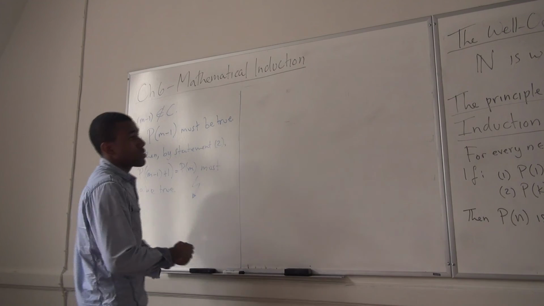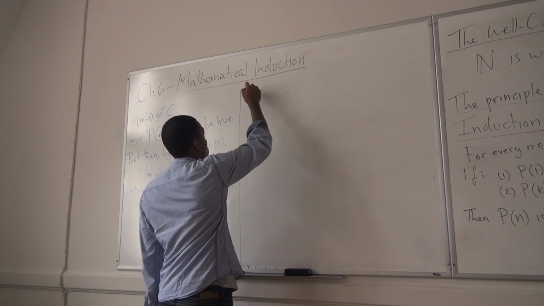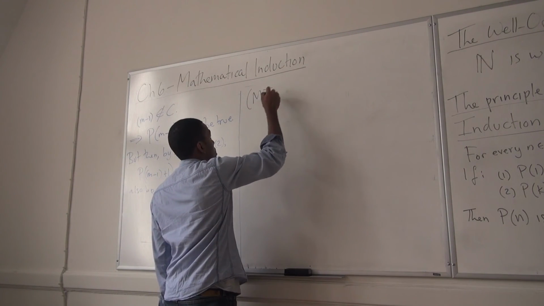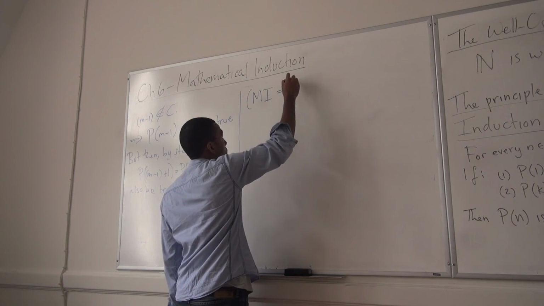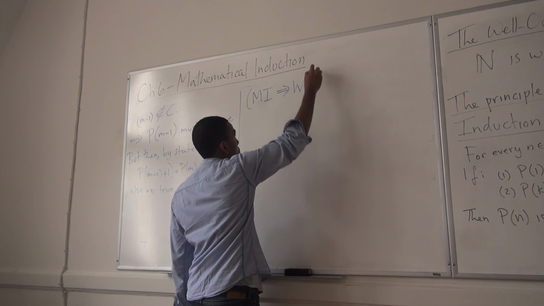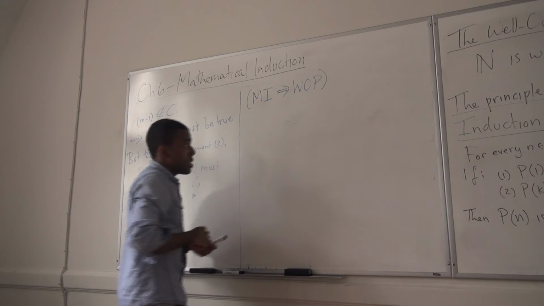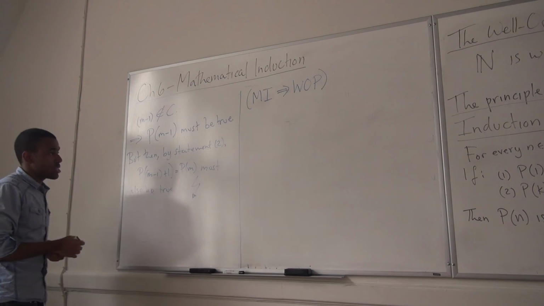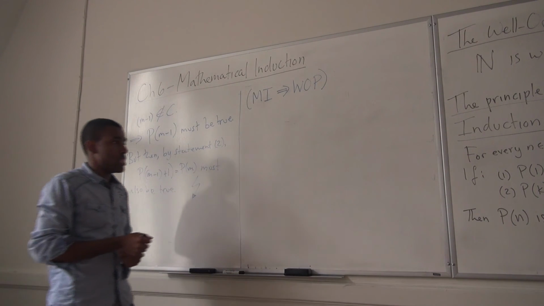Where do you use the well-ordered principle in that one? What if we wanted to go the other way? Assume that we know mathematical induction actually works. How can we end up with the well-ordered principle that every subset of natural numbers must have a least element?